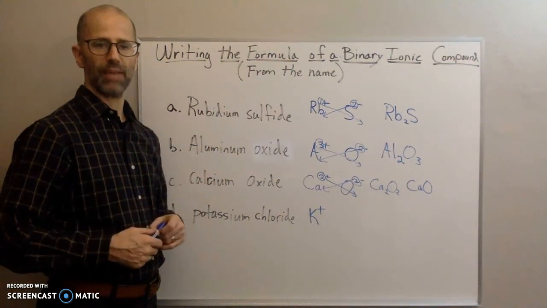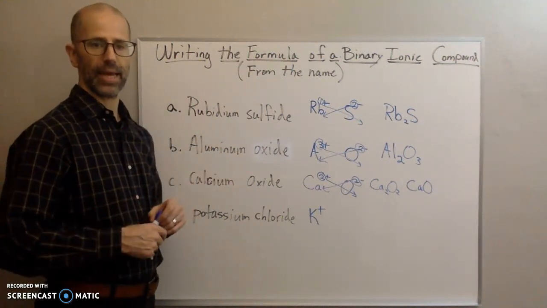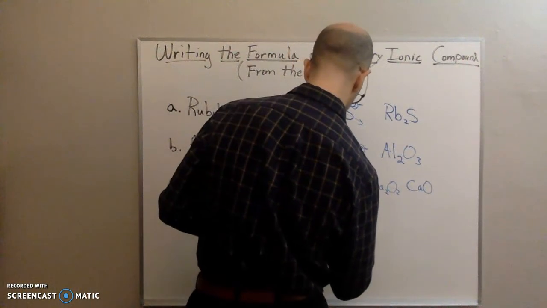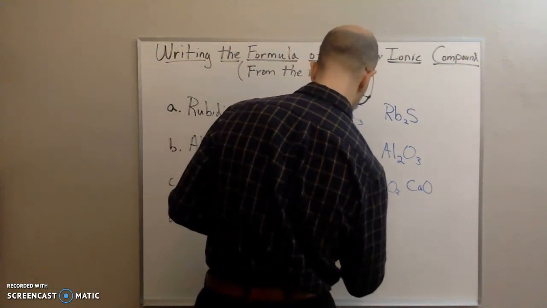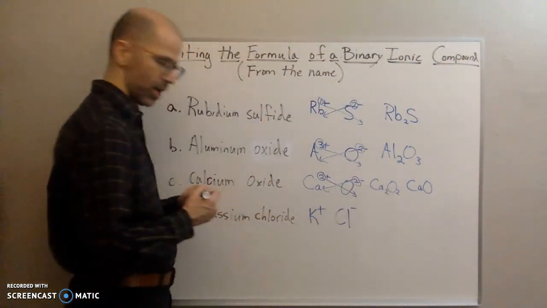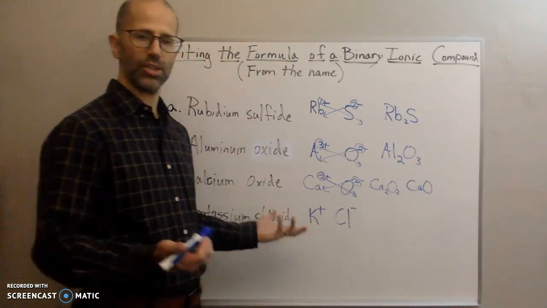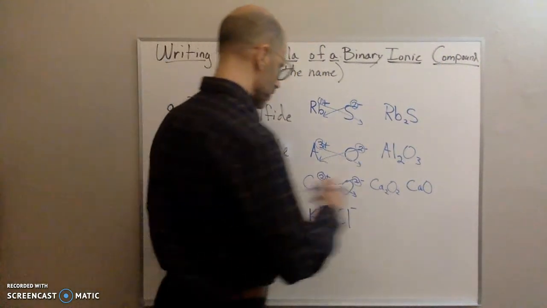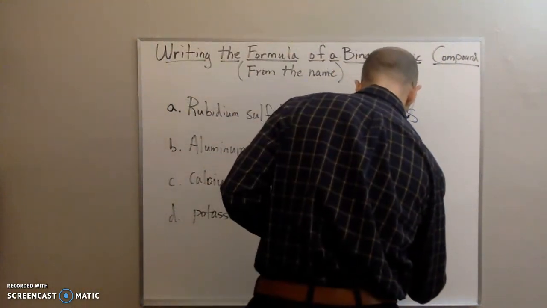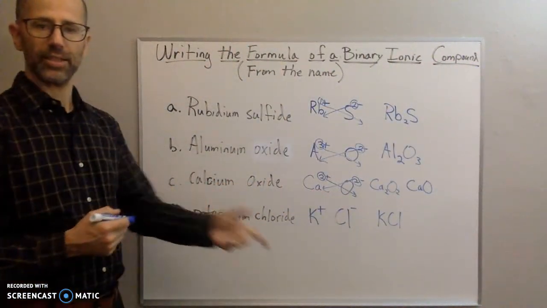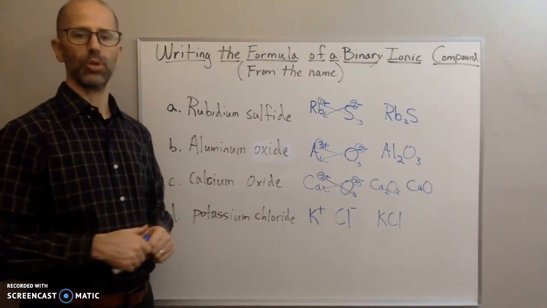That's in group 7. 7 minus 8 is -1. So chlorine is going to be a -1 charge. So again, I only need one each to balance the charge, so that's all I'm going to write. So again, KCl. And that's the formula for potassium chloride.